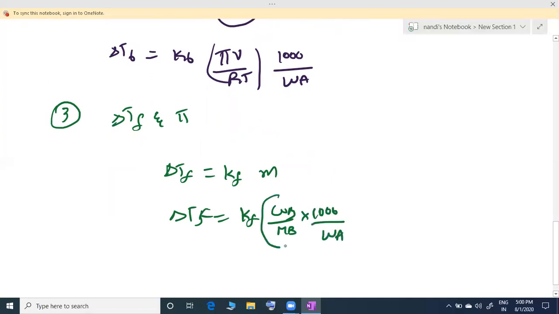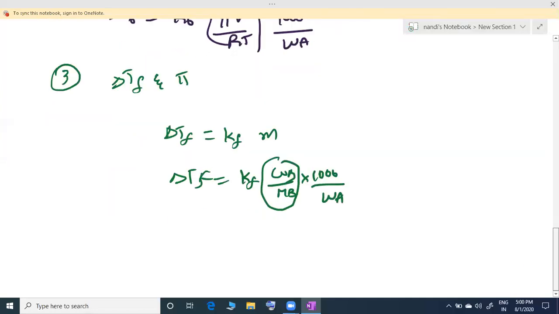So in place of WB by MB, you can write pi V by RT. Then delta TF equals KF into pi V by RT into 1000 by WA.